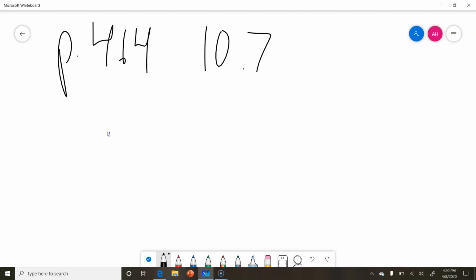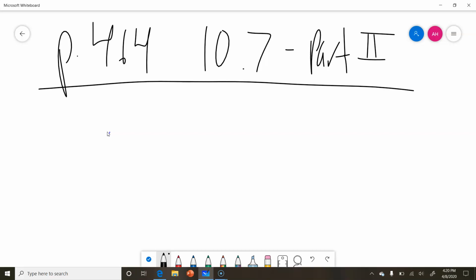So here's our homework for today. We are going to be on page 464. This is 10.7, and this is part 2. And this is our only homework due over Easter break. Should not take you very long. It is 31 through 36, all.